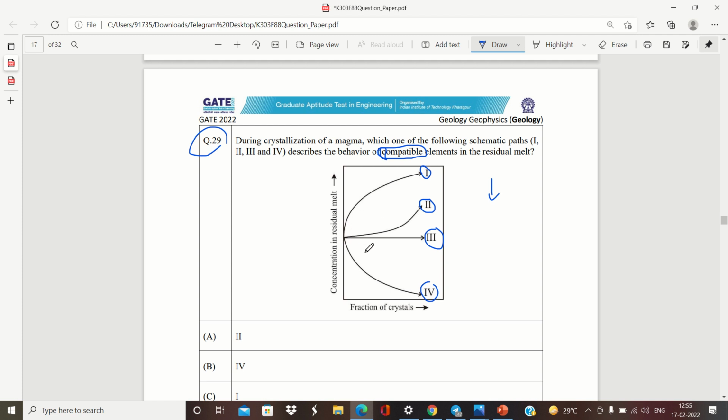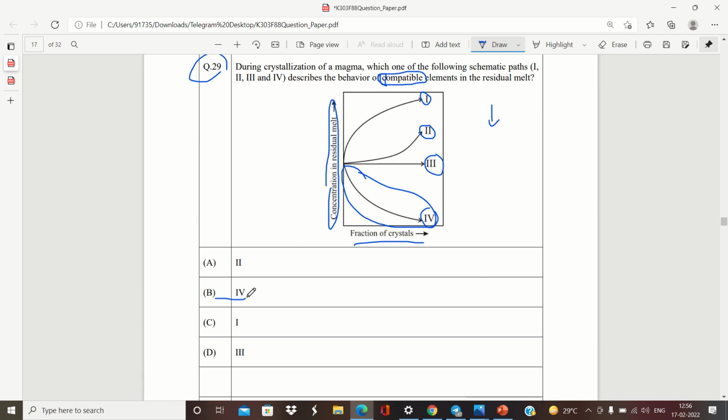So the fourth line is showing the concentration in residual melt decreasing with the fraction of crystal. As crystals are generating, concentration in the melt is decreasing, the element is moving towards the crystal. So the fourth option will be our right answer.